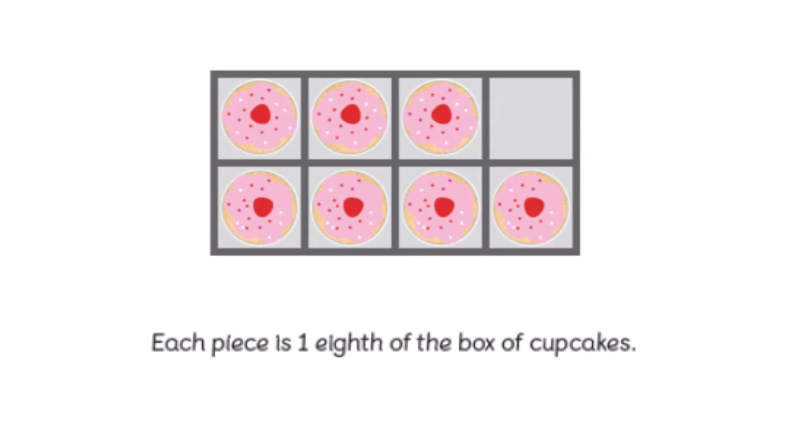We know that the tray is divided into 8 equal pieces. So each piece will show us 1/8 of the box, 1 out of 8 pieces. How many pieces are there in the box currently? Could you represent this as a fraction?